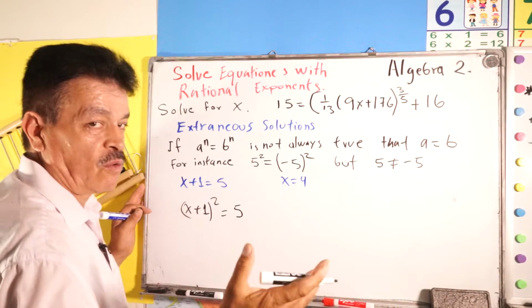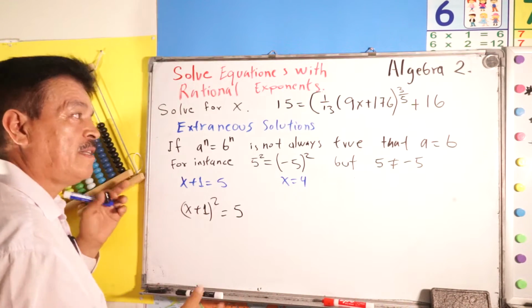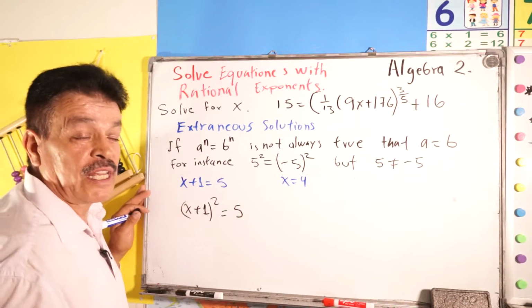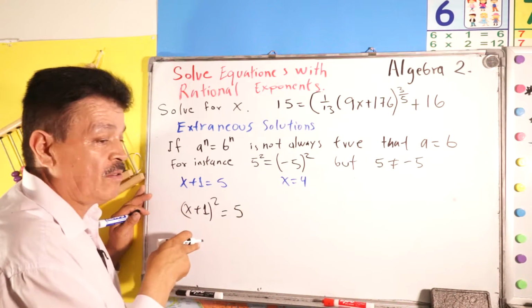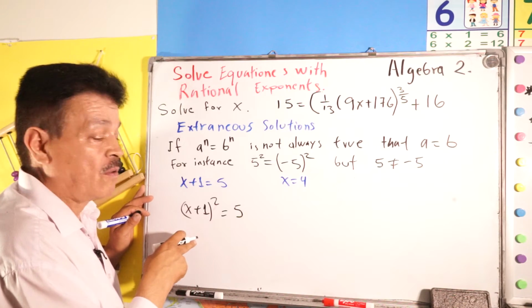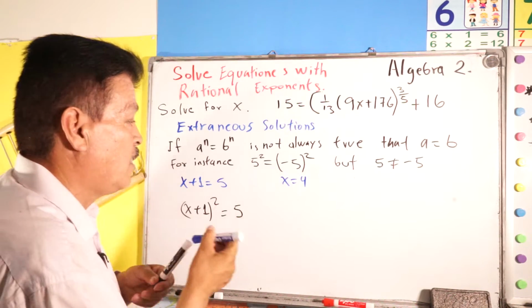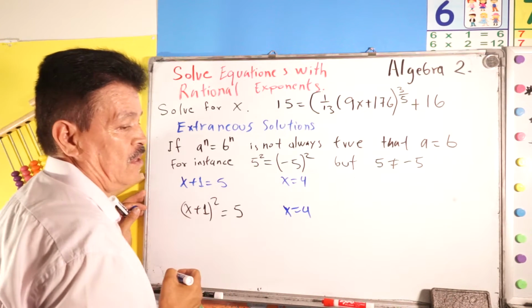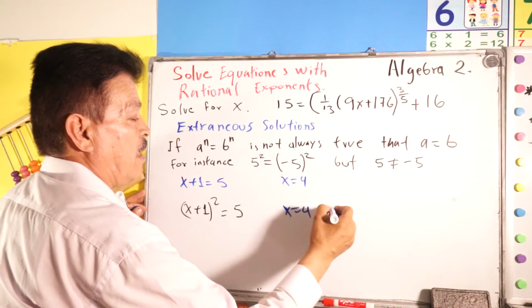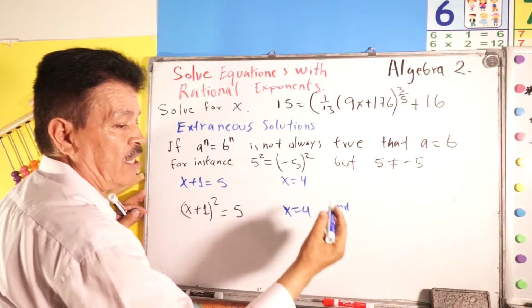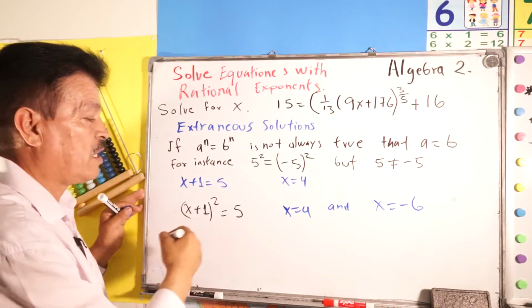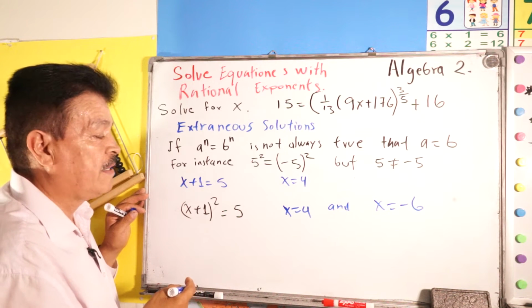There are two values that satisfy this new equation: x equals 4 and x equals negative 6.